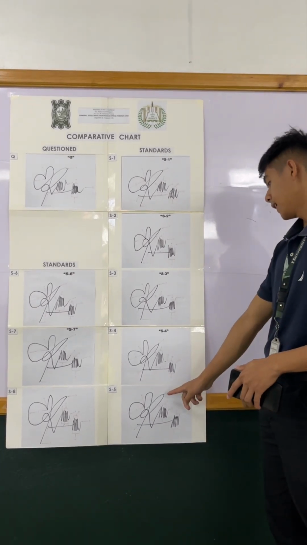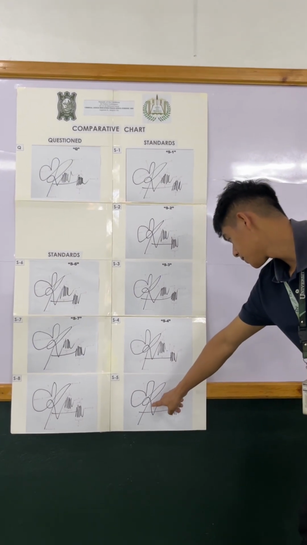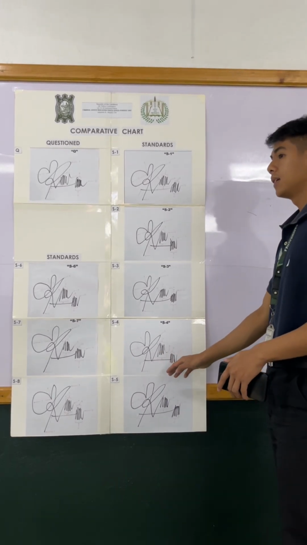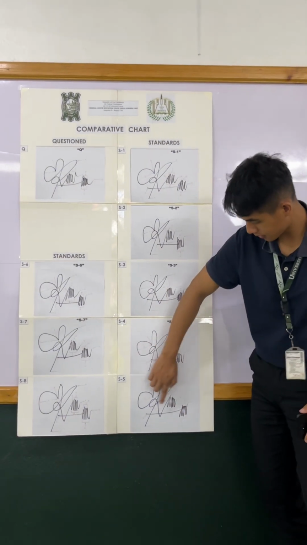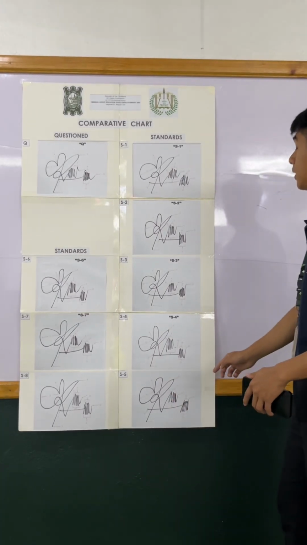Then the slant of the letter R is leaning to the right, and then the alignment appears to be convex.